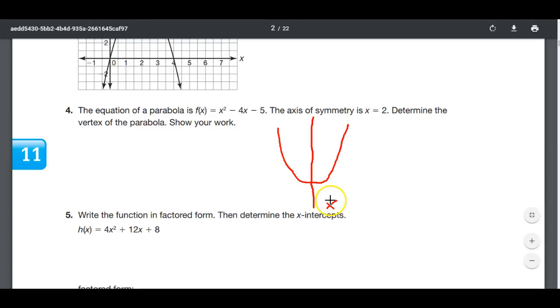So if I want to find out where that vertex is, all I have to remember is that it is the value of the function when x is equal to 2. In other words, I'm going to calculate the value of f at x equals 2.